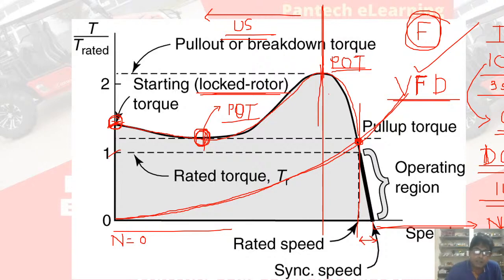This is quite good, but if I got a system resistance like this, that means where the things intersect here, then this motor is not suitable for that purpose.